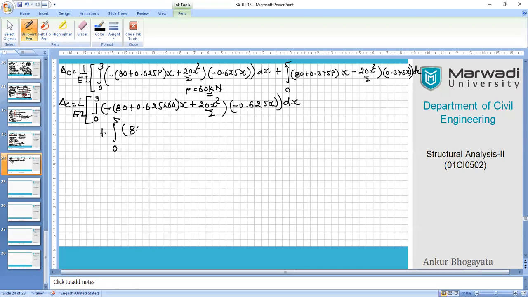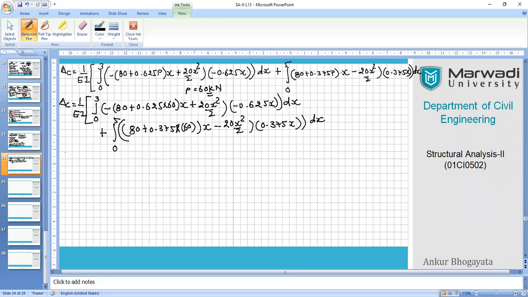Again 80 plus 0.375 p times, sorry, that's what we are changing. So be watchful, into x minus 20x square by 2 into 0.375 x, big bracket completes on this side also, and now we have dx.